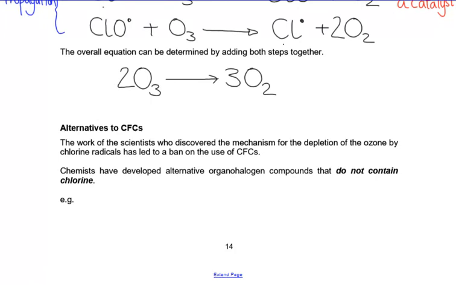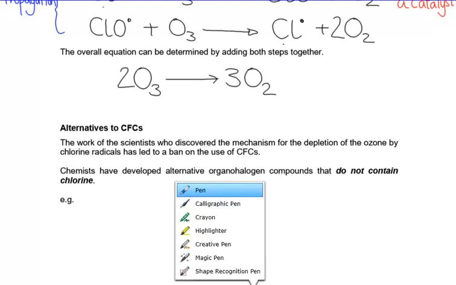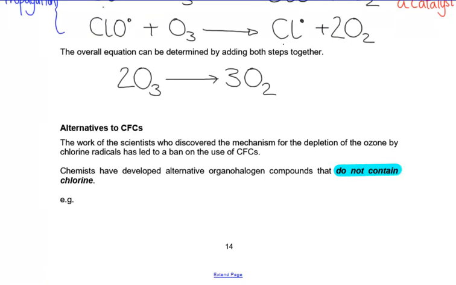Now we have to try to find a way to get around this problem. We've got to try and find some alternatives to CFCs. So we've been trying to find some compounds that do not contain chlorine that will be better for the environment. And some of the examples we come up with are HFCs. That stands for hydrofluorocarbons.